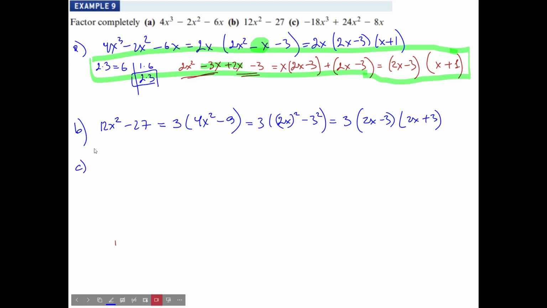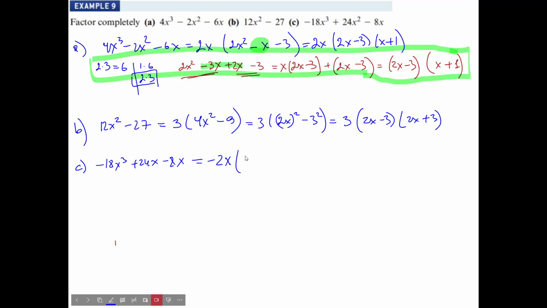C. Minus 18x cubed plus 24x squared minus 8x. So x for sure. Then what? Can I take 4? No, 18 doesn't allow me to take 4. So 2. I take minus 2x.